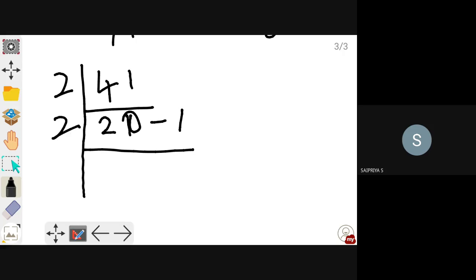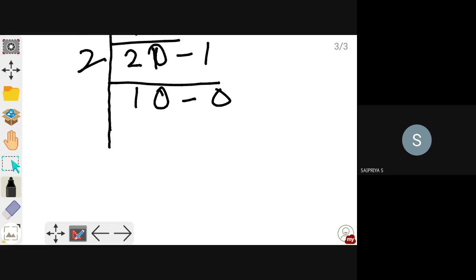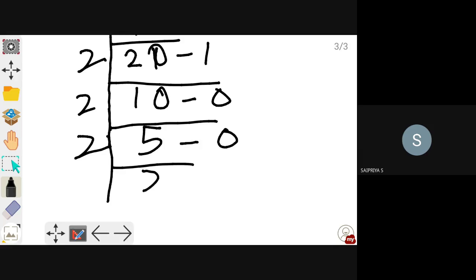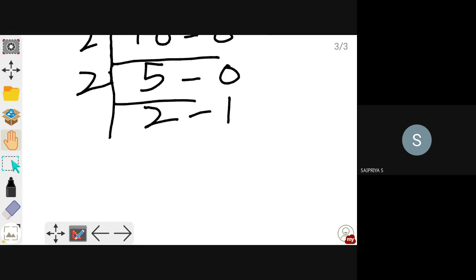Then 2 tens are 20, then 2 fives are 10, then 2 twos are 4, remainder 1, then 2 ones are 2, remainder 0.